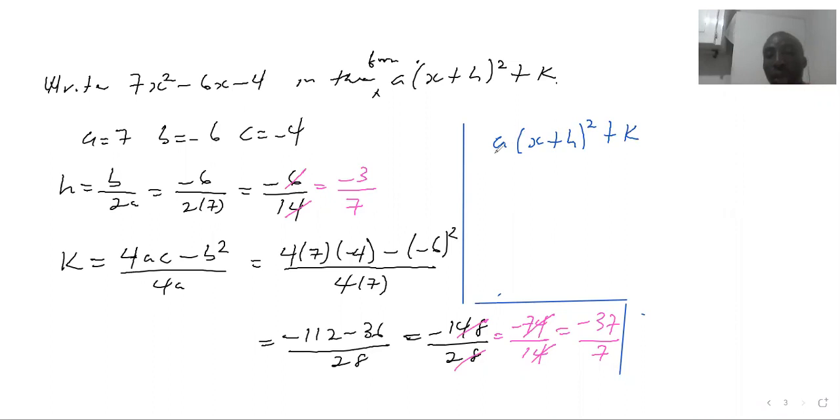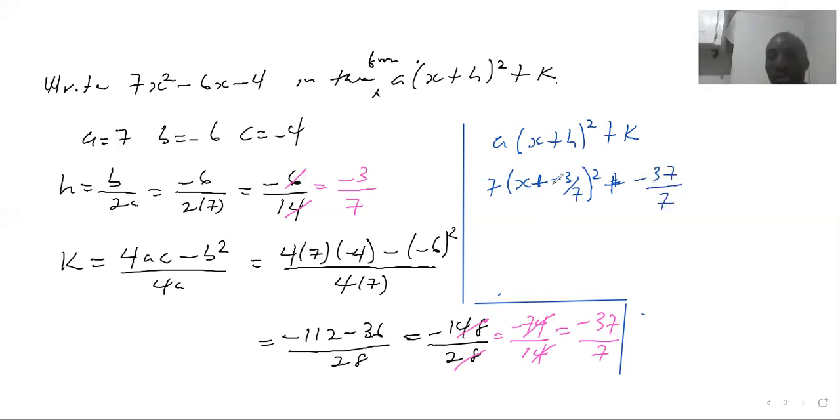My a value would have been 7, which is the coefficient of the x squared. Put back the x. Since h was negative, it's a plus, so I put the plus here, negative 3 over 7, then squared, plus my k, which is negative 37 over 7.